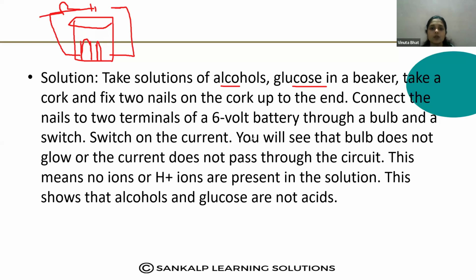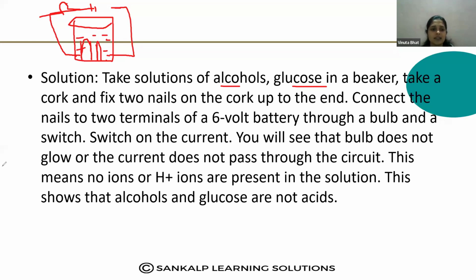You should also connect a bulb. When you switch on the current, the bulb is not able to produce light, because here you are using alcohol or glucose and H plus ions are not formed. Ions are able to carry the current, but here H plus ions are not there, so they are not able to carry the current.